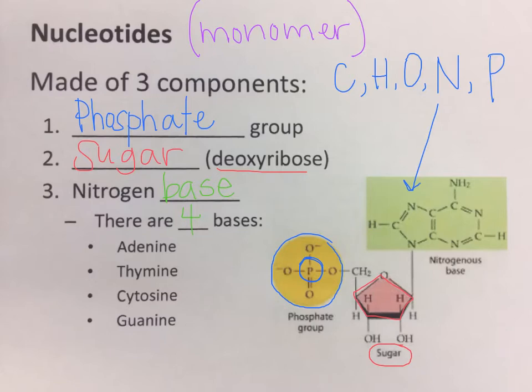And you're going to need to know all of these, okay? A lot of times we can refer to them as A, T, C, and G. But you need to know the names also just so that if you see them on a test or a quiz or in a reading passage or something like that, you're not totally thrown off by the fact that they're using the whole name. But we will refer to them in class a lot as A, T, C, and G.